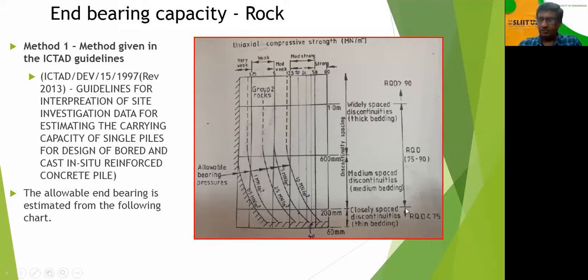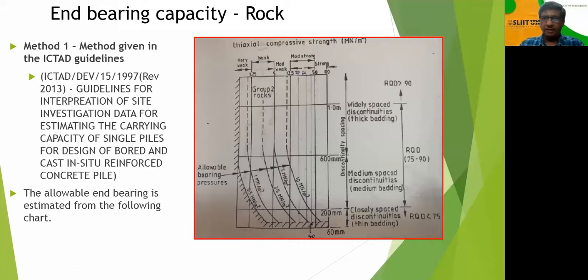If it is less than 75%, the fracture spacing is actually less than about 200 millimeters, so the curve is given only up to about 125. So it's about, I think, 50 RQD. If the RQD is less than 50%, you cannot use this particular chart. So that is one disadvantage, right?